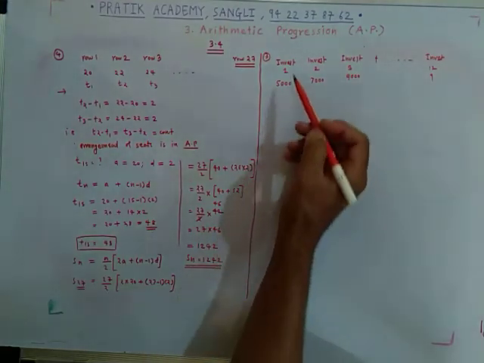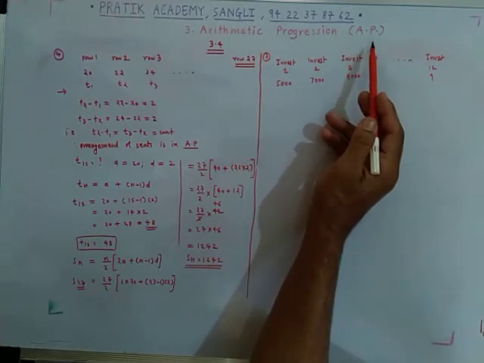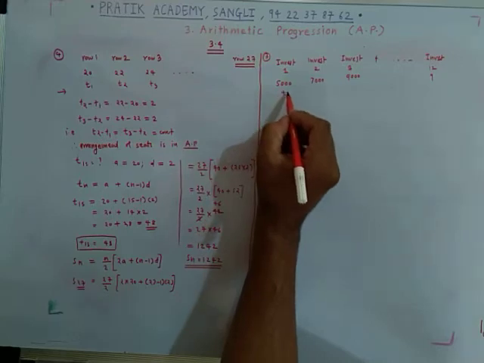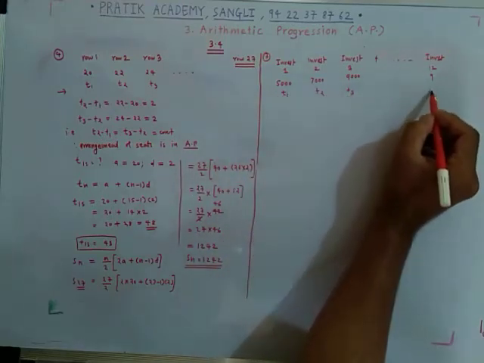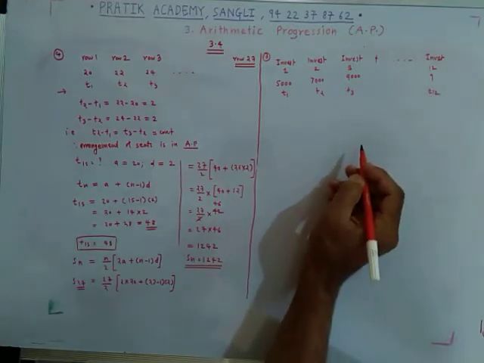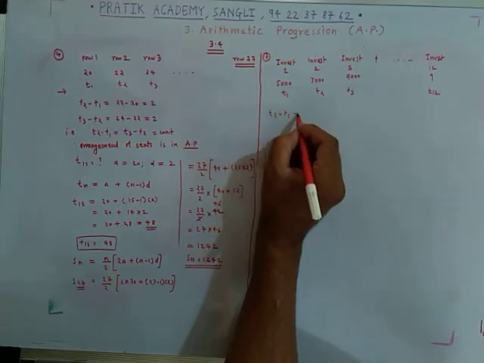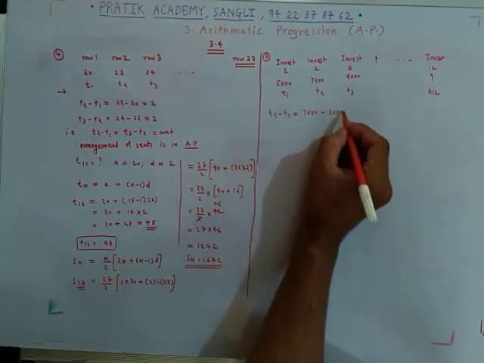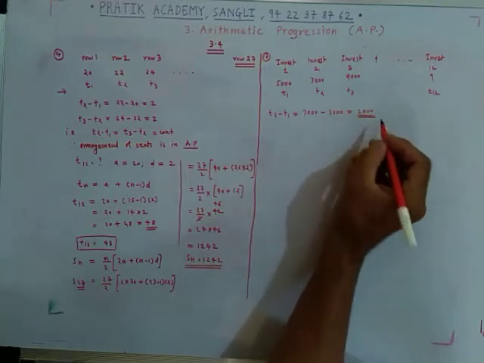Again, we first have to check whether this problem is related to AP or not. For that purpose let's call these terms T1, T2, T3, and this will be our T12 term. Then take the difference. T2 minus T1 is 7,000 minus 5,000, that is 2,000.